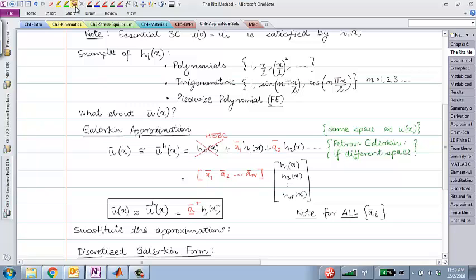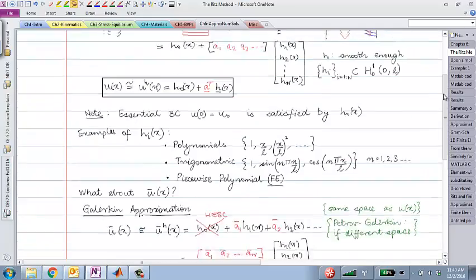A quick note here: in this particular case, we use the same h functions that we used for the real displacement. Sometimes people do use different shape functions for the virtual displacement and different shape functions for real displacement. Those types of methods are called Petrov-Galerkin methods. This particular choice that we made is called the Galerkin method or the Bubnov-Galerkin method.